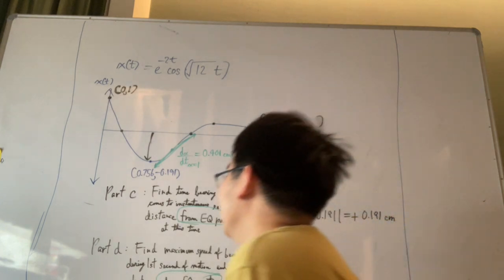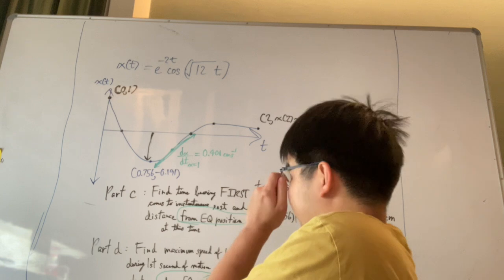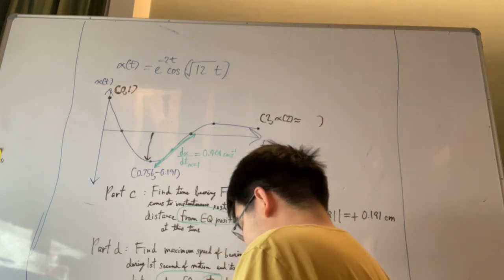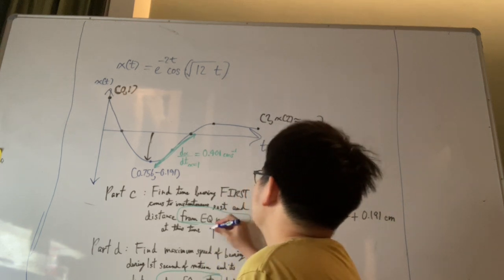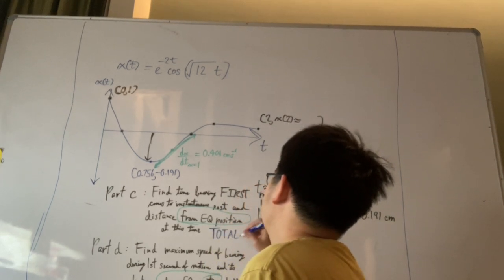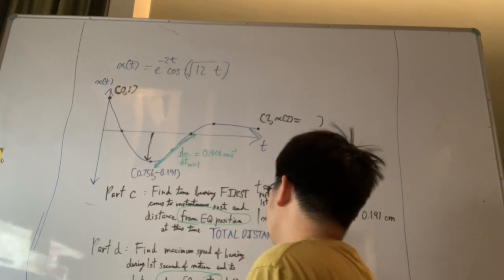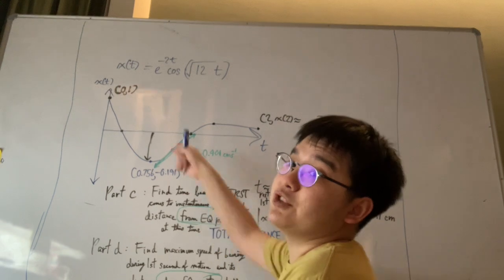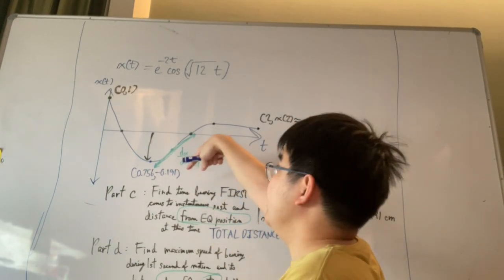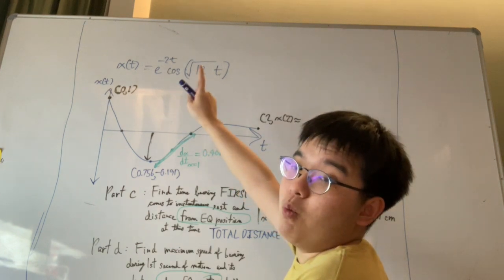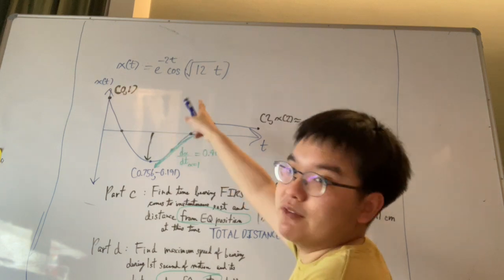However, unfortunately, and this is only if, I'm adding an overcomplication here, if they ask for the total distance traveled since t equals 0, you need to break up this displacement function piecewise and do absolute values with respect to where this function crosses the horizontal axis, which would be the zeros of the function.